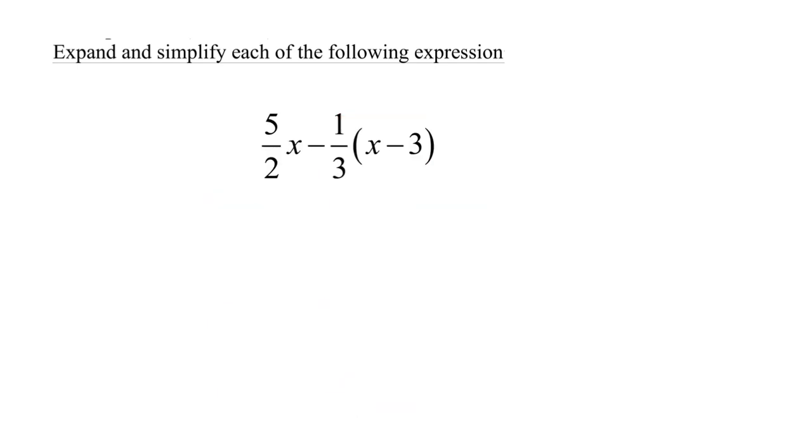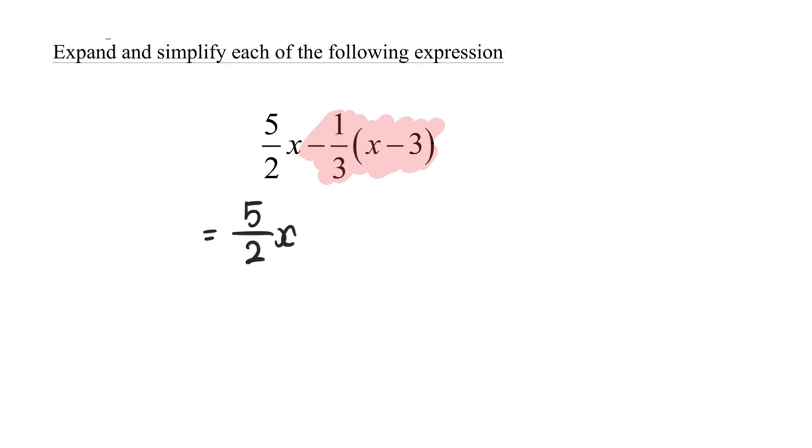Hello everyone, welcome to this part of the problem where we are required to simplify 5 over 2x minus 1/3 times x minus 3. So later on you will see me focusing on this. First, we do simplify the bracket first.